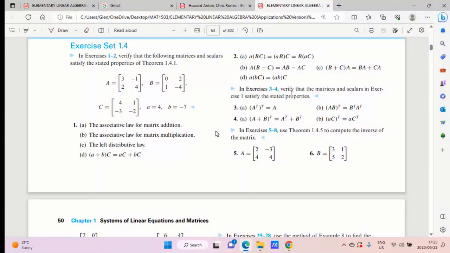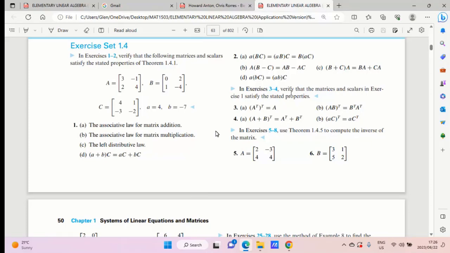Okay, now let's do this. Let's start on the left hand side. Let's work out BC together, ne?